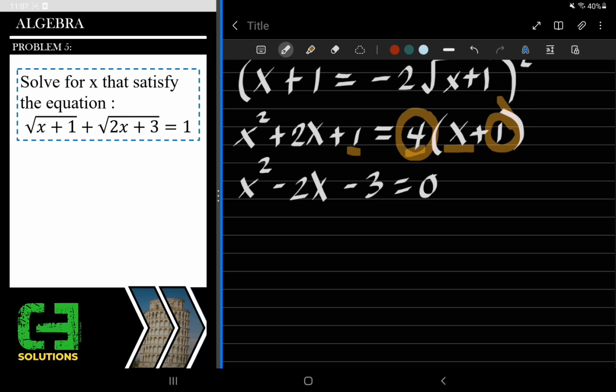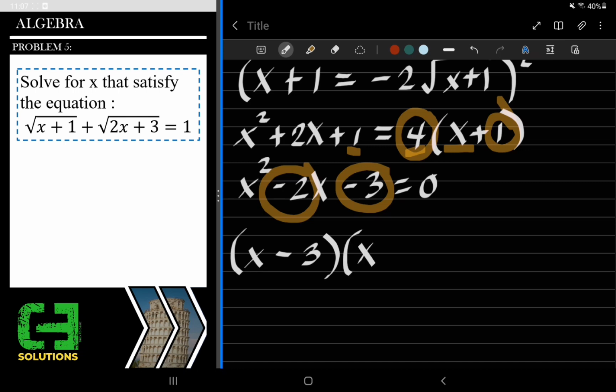So by factoring, what are the factors of negative 3 that when added the result is negative 2? The factors of negative 3 whose sum is negative 2 are negative 3 and positive 1. That is x minus 3 and x plus 1.